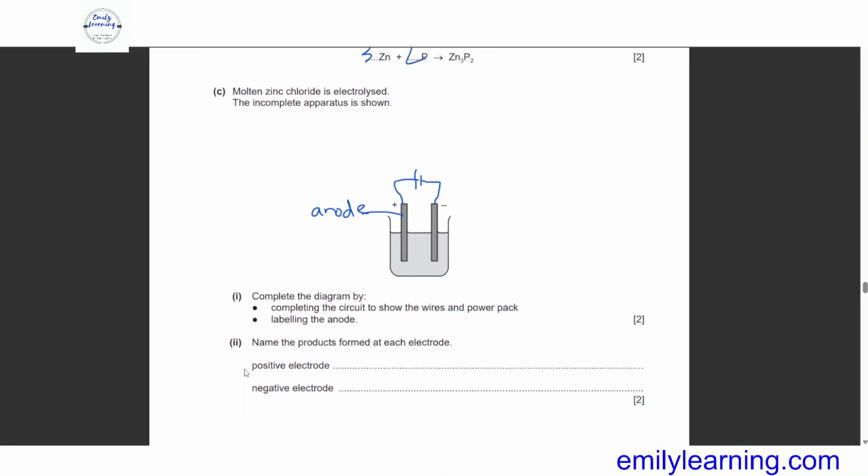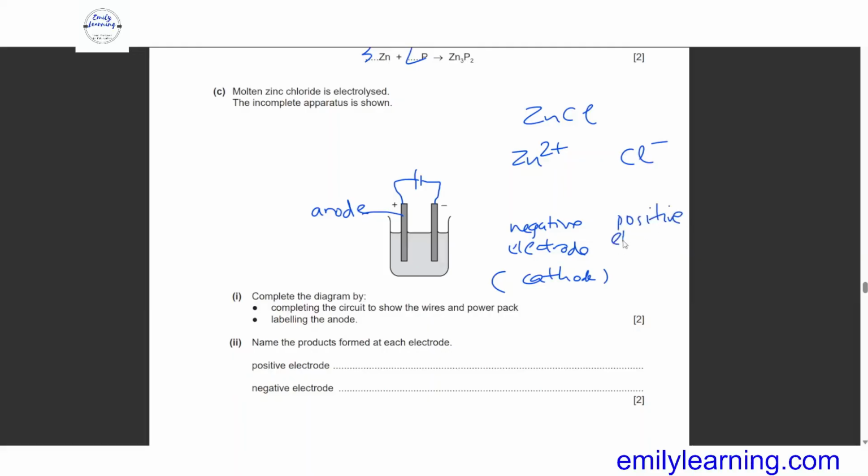Next, I'm going to part 2. Name the products formed at each electrode. So you have the positive electrode, which is the anode. I have ZnCl2, so it contains both Zn2+ and Cl−. So Zn2+ will go to the negative electrode, which is called the cathode. And Cl− will be attracted to the positive electrode, because opposite charges attract, which is called the anode.